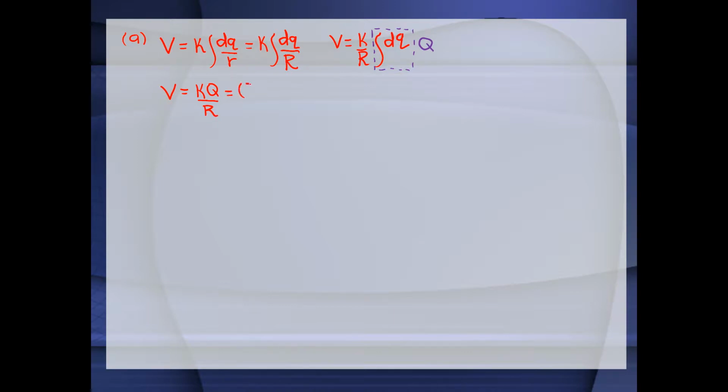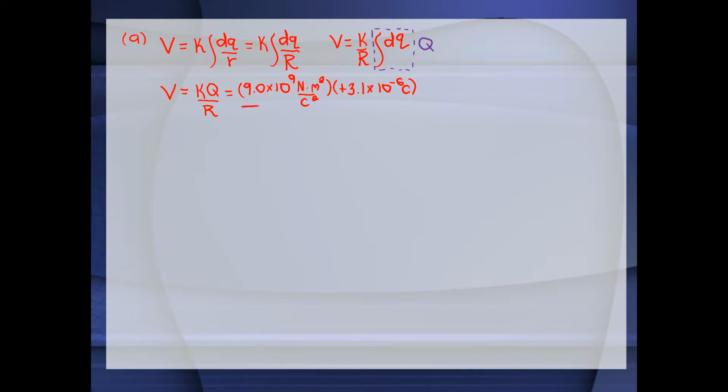So Coulomb's constant, we have 9.0 times 10 to the 9 newtons times meters squared per Coulomb squared. Multiply by capital Q. We got that from part A when we did this example in the second lesson. So that value is positive 3.1 times 10 to the power of negative 6 coulombs.